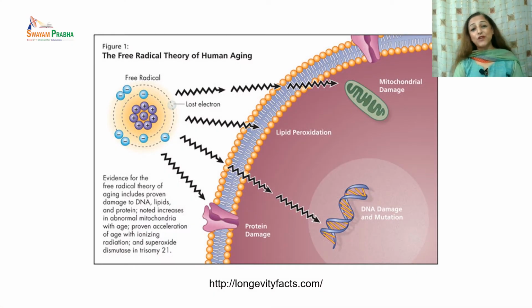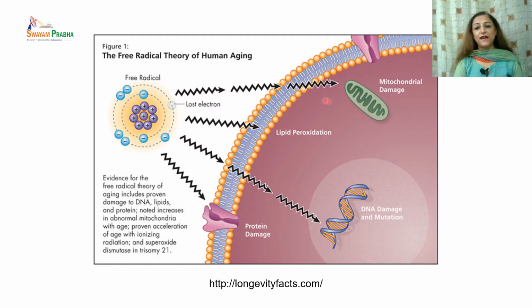We can visualize this free radical theory of human aging with the help of this figure. As we can see, this is the free radical, which is not stable because it is deficient of one electron. That is why, being unstable, it starts attacking different parts of the cell and body.